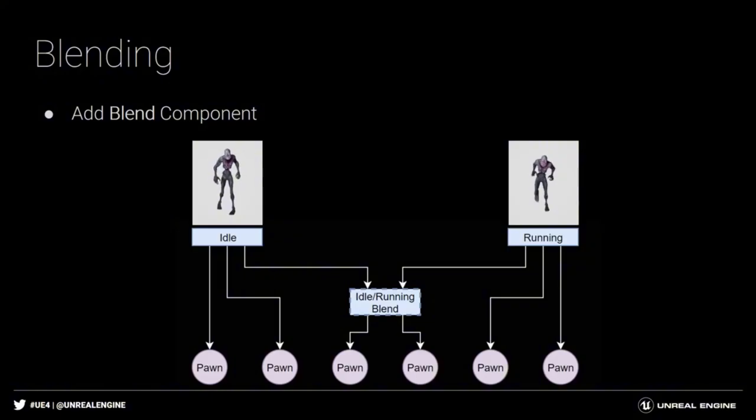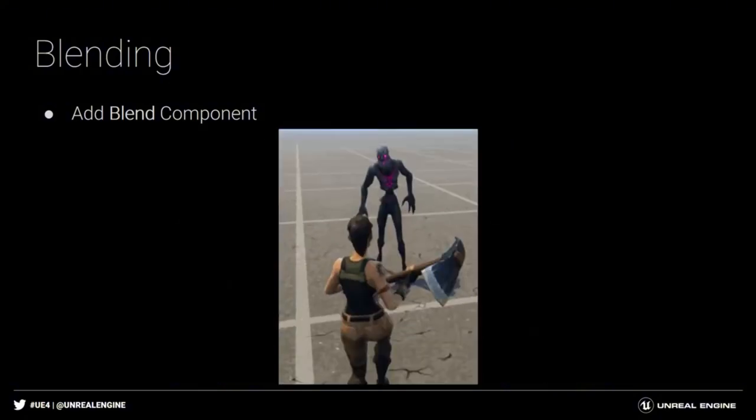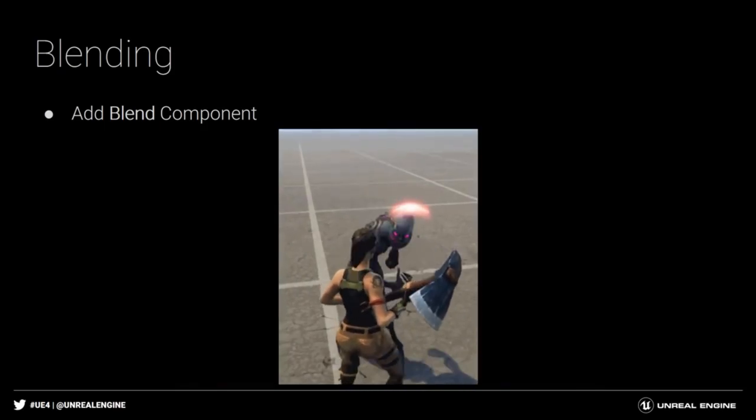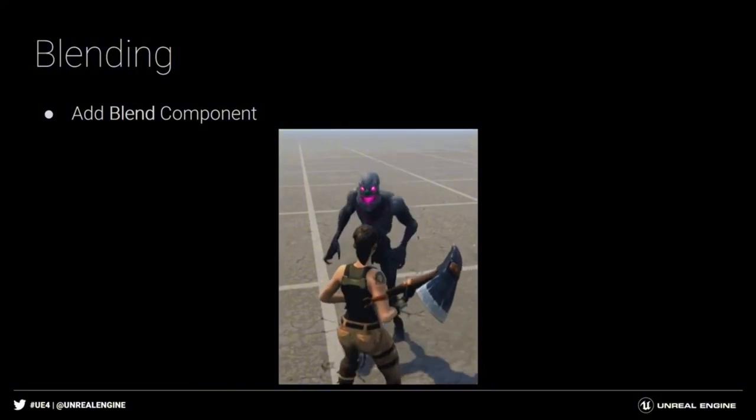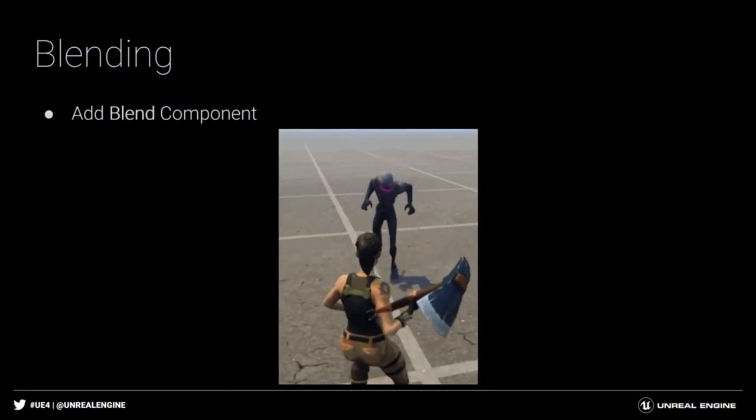And just the same as with the on-demand states, you have the ability to limit the number of blends happening concurrently, again for scalability. So this is what it looks like with blending. We now have the looping state, the attack, and now we blend between them.